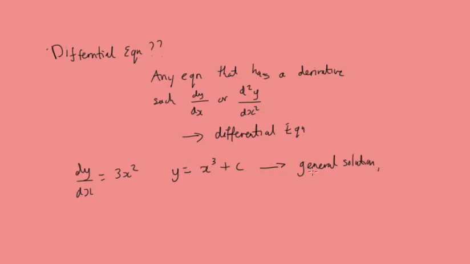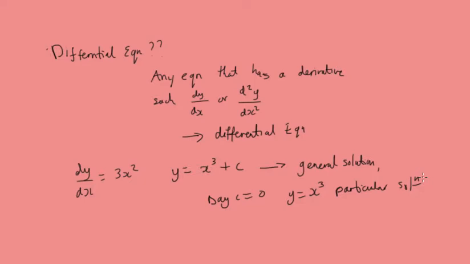Now, if we have some more information about the equation and the circumstances around that equation, we can find a particular solution. So say c equals 0, y equals x cubed, that would be the particular solution. And these are things that you have been solving and dealing with.